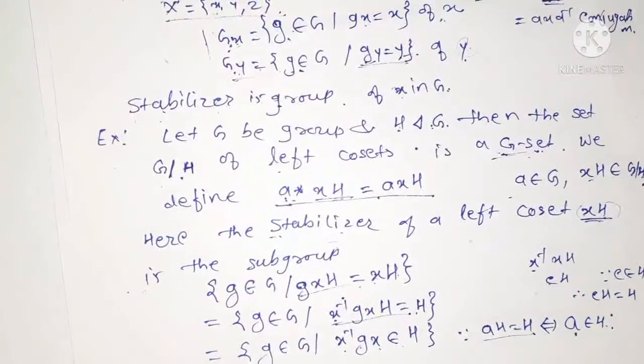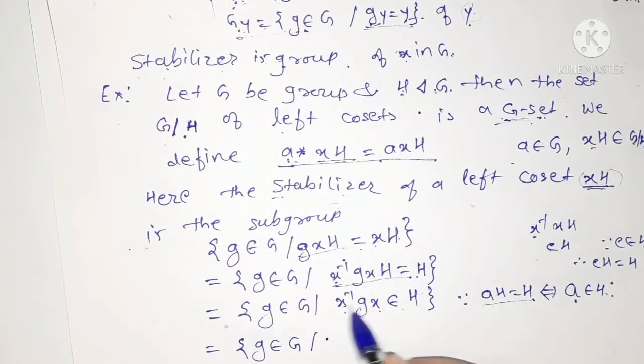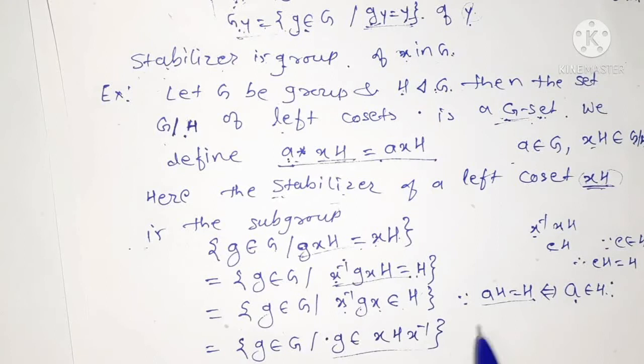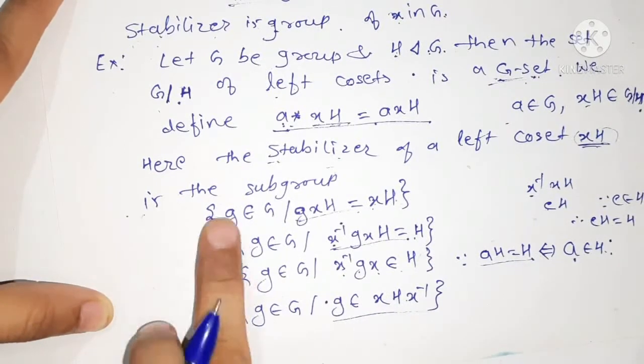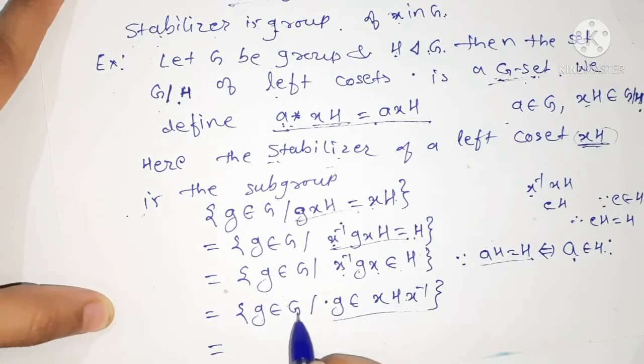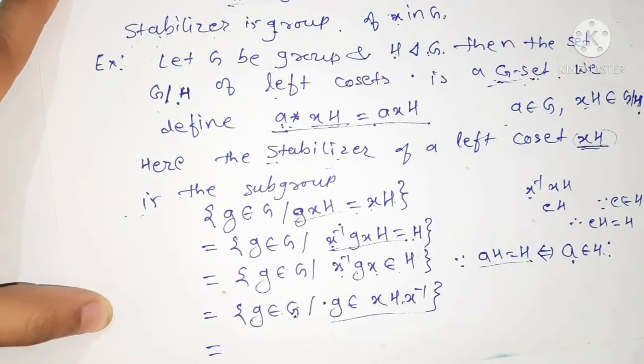So this is equal to the set of all g belonging to G such that, now we can pre-multiply by x and post-multiply by x inverse, so we get g belongs to xHx inverse. So we have the set of all elements of the group which belong to xHx inverse.